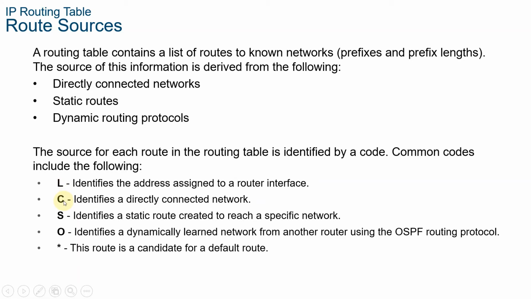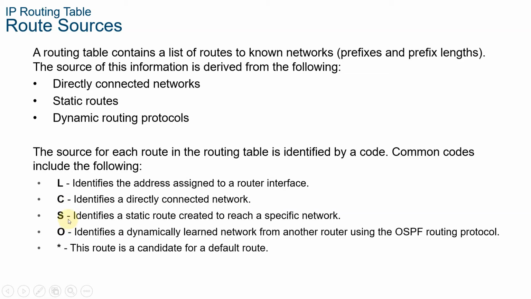Next, C identifies a directly connected network. So basically, your L is just a component of C. L is the specific IP address assigned to the interface, and that specific IP address belongs to a network, C.